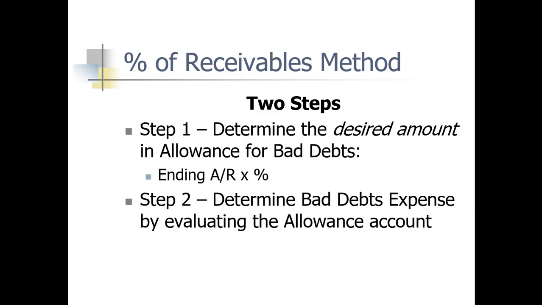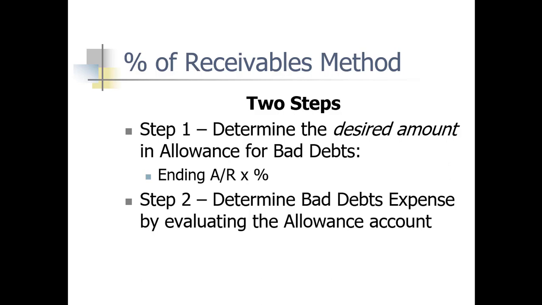With the percent of receivables and the aging of receivables, that's not true. The number that we get when we work our way through these first initial formulas here is actually the desired balance of the allowance account. So that's why you could see here, step number 1 says determine the desired amount in allowance for bad debts.